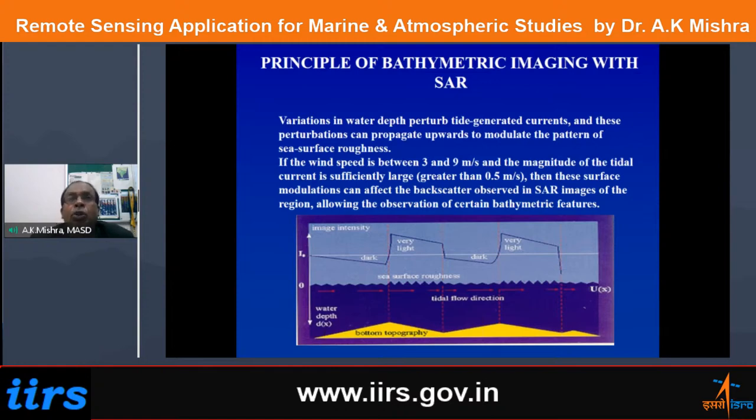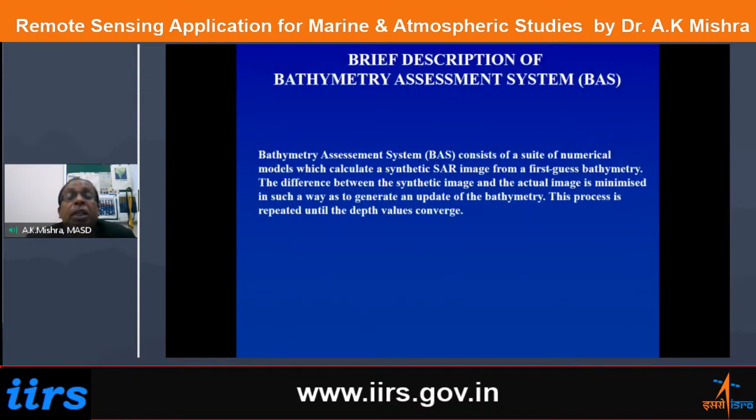Subsequently you can generate a simulated backscatter image and compare it with the real SAR image. By tuning the bathymetry, when these two images converge, you will get the updated bathymetry. This is the principle being used to determine the bathymetry.